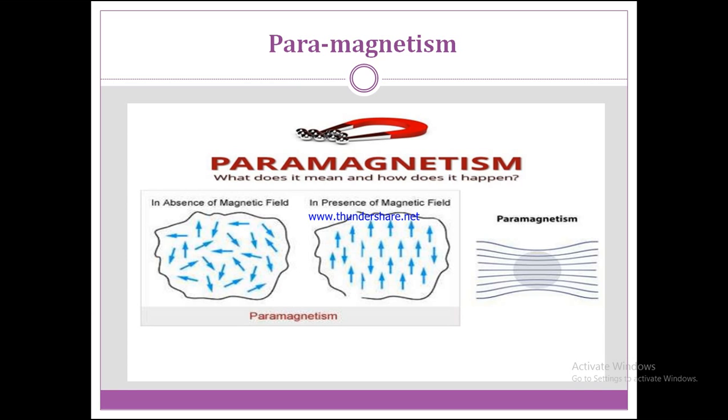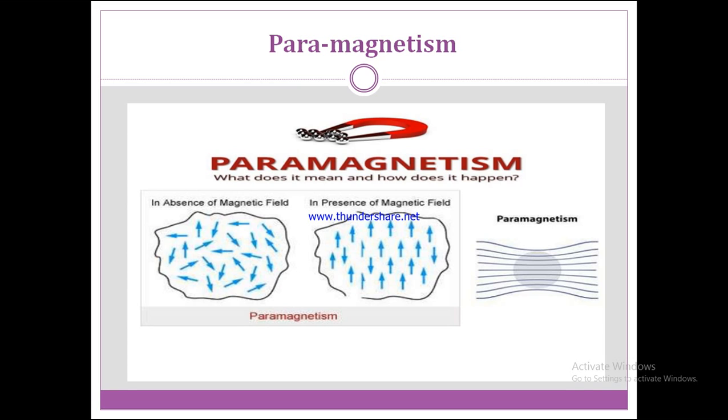When an external field is applied, the dipoles line up as indicated in the figure, resulting in positive magnetization, because all the magnetic flux lines are in one direction, that is, lined up, and the dipoles do not interact with each other.